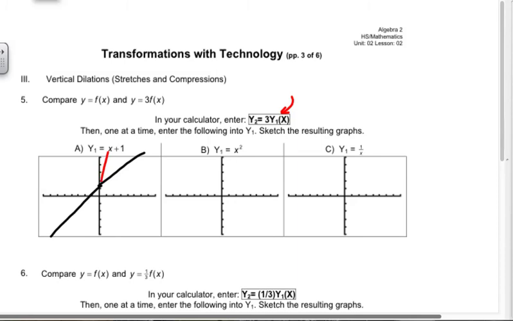So it's going to look like this. Now, let's take a look at our parabola. There's our parent. However, when you multiply it by 3, it squeezes it down. This is basically a vertical stretch.